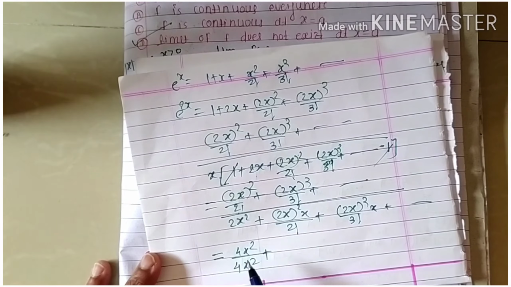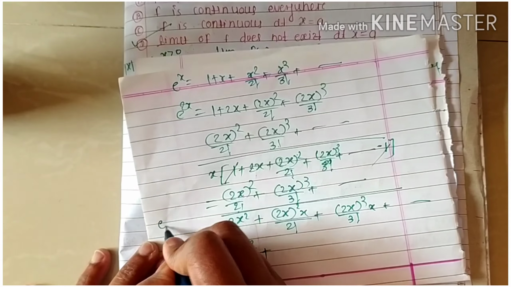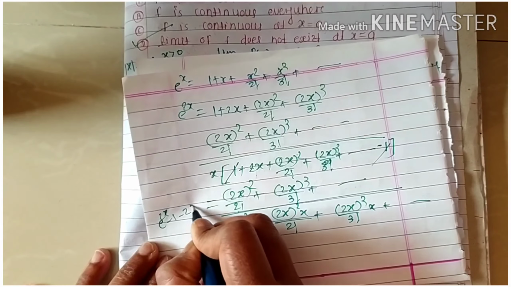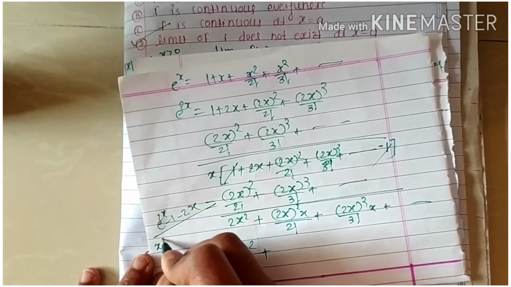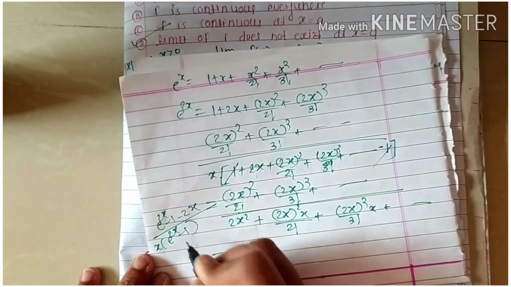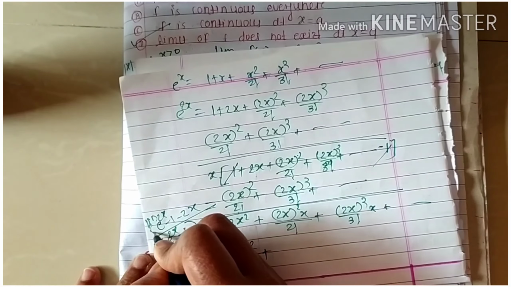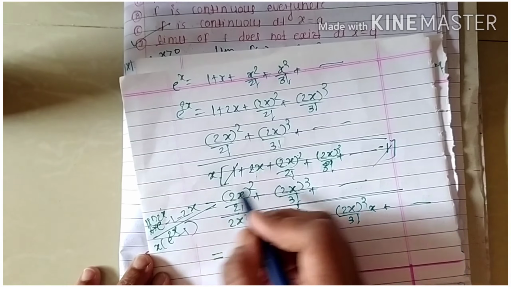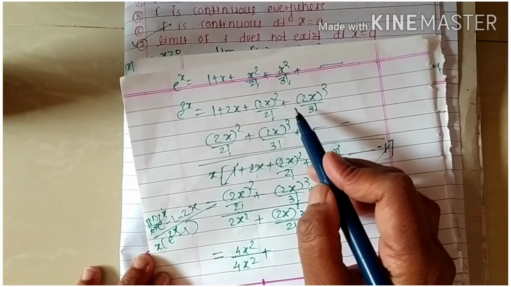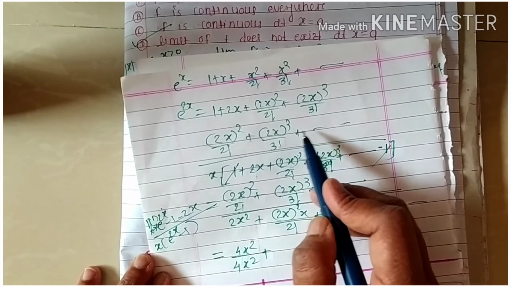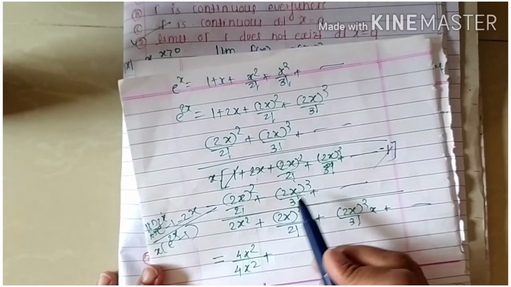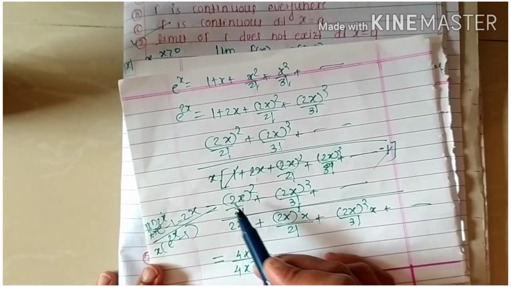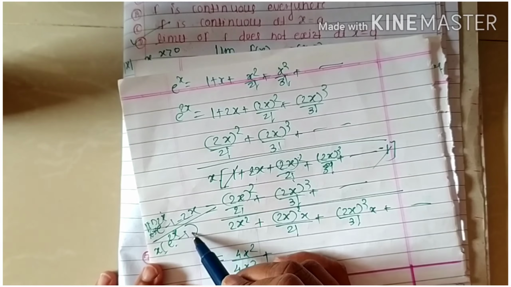Therefore, finally we get the simplification of e raised to 2x minus 1 minus 2x divided by the denominator x into (e raised to 2x minus 1) as limit x tending to 0, where we have cancelled out the expansion terms and the minus terms.